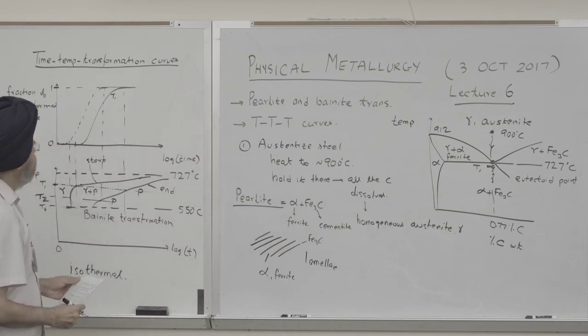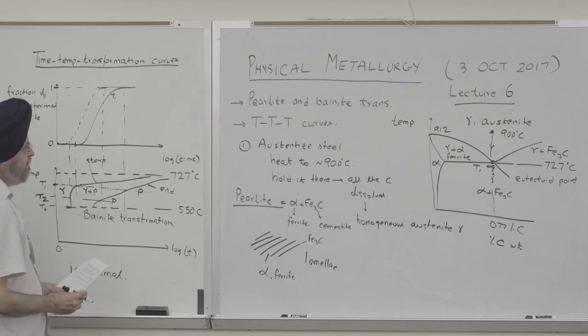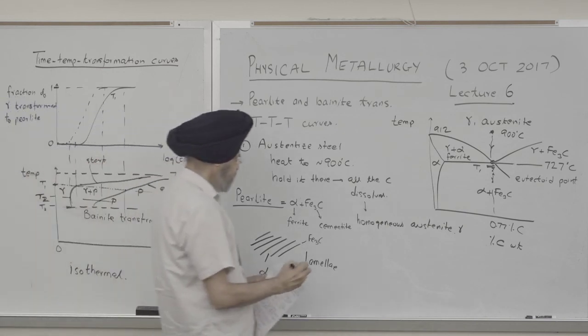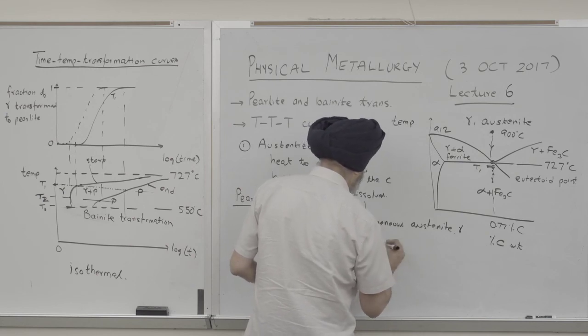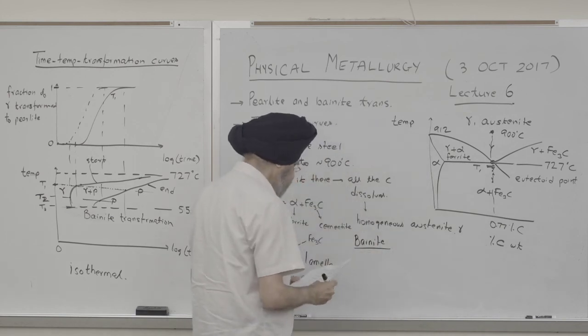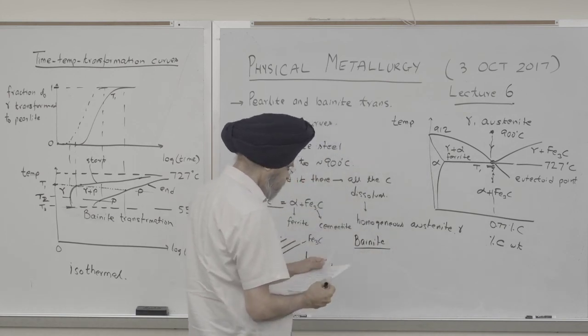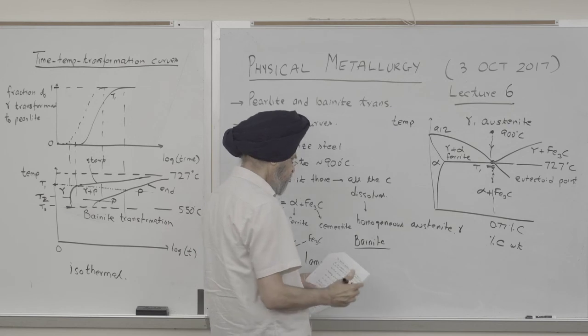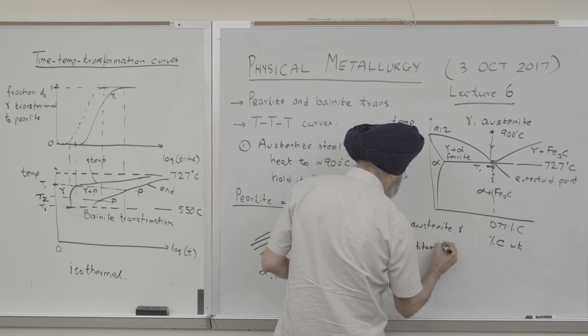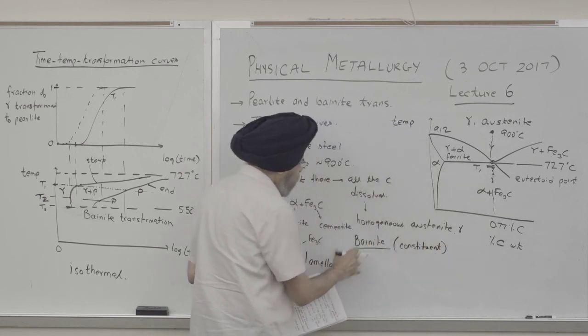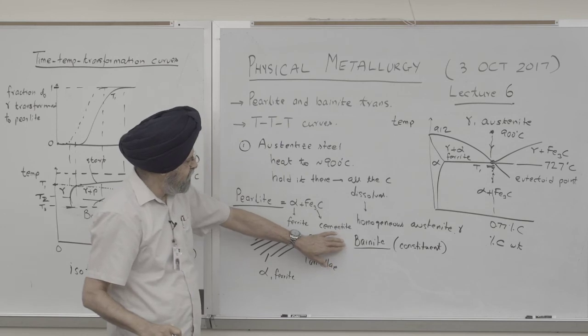But Bainite is different. So this is a new component we're looking at, and actually we should not call it component, we should call it constituent, meaning when we polish a sample, we can see the structure.